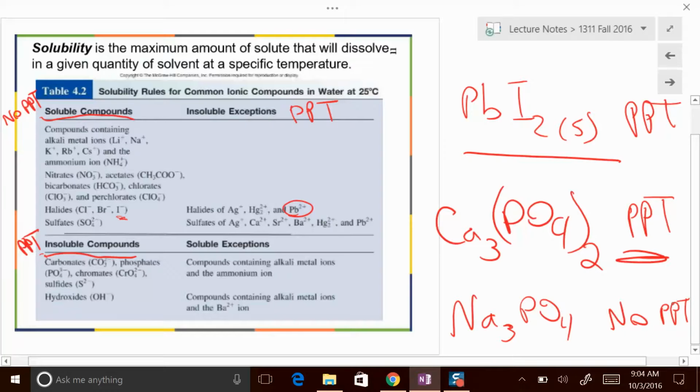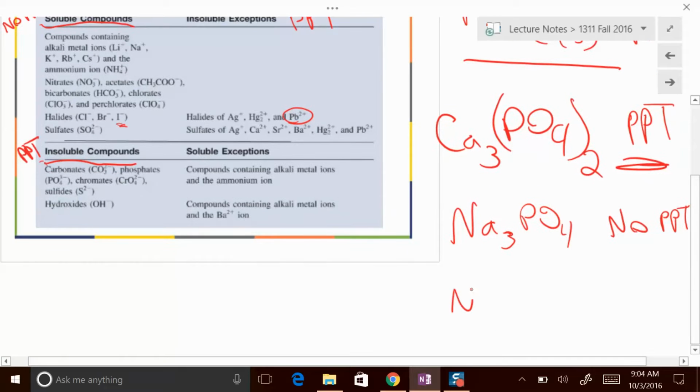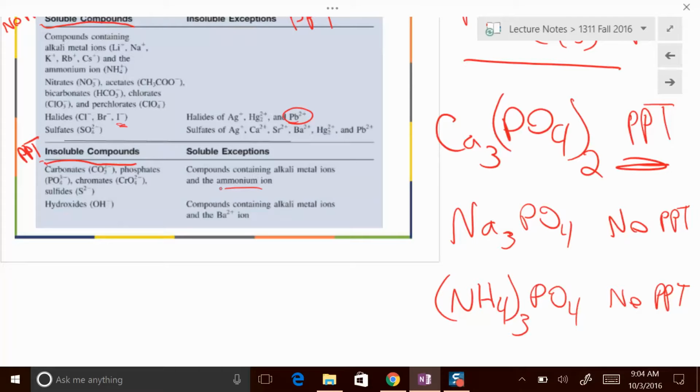The ammonium ion. So no precipitate. That would be the ammonium ion. So if I want the phosphate to dissolve, I have to stick a soluble cation on it. And then that would allow it to dissolve. And then I could set up a reaction.